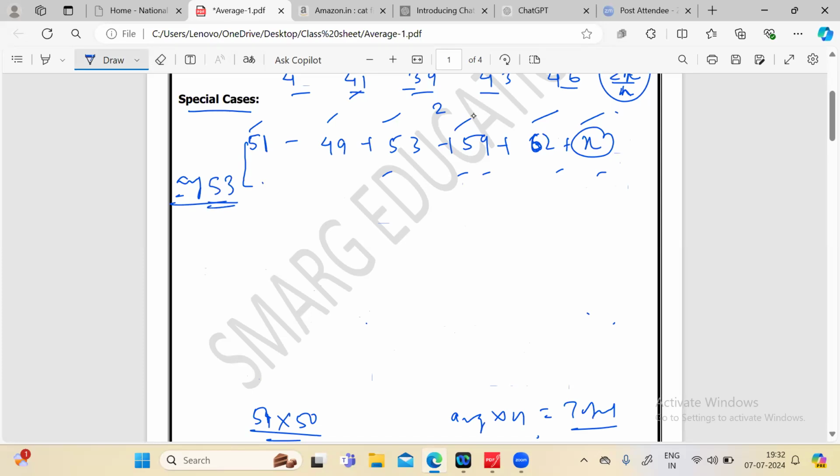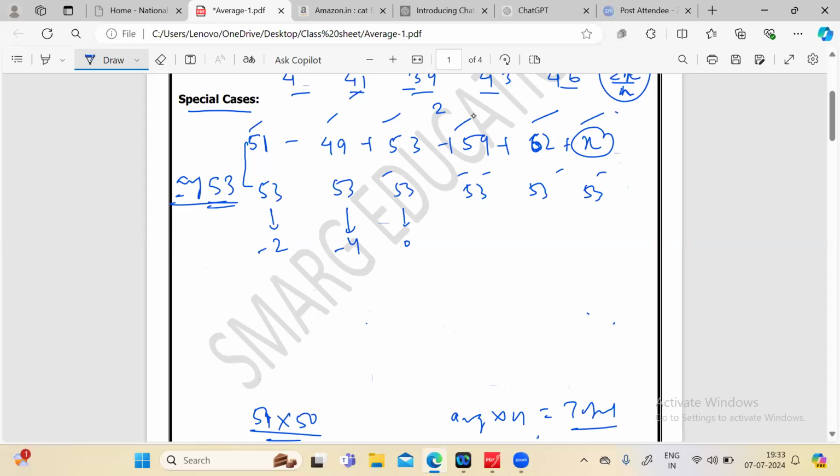So now you can visualize it again. Let's allocate 53 to everyone. The first number will require 2. The second number will require 4 to become 53. The third number will be the same, 53 only.